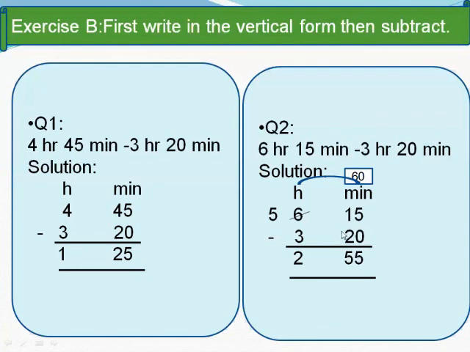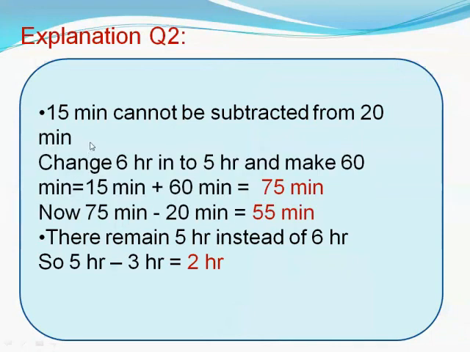So we borrow from the hour side, and 1 hour has 60 minutes. So we get 60 minutes and add these 60 minutes to 15 minutes. 15 minutes cannot be subtracted from 20 minutes.